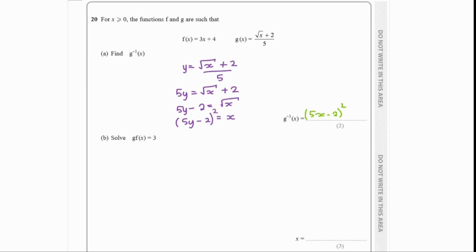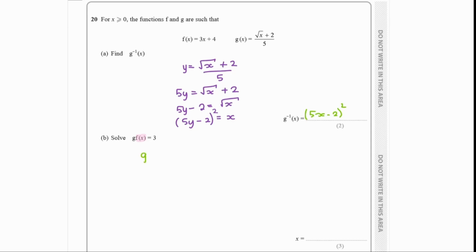Part B. Solve g of f of x is equal to 3. What this means is that we have to put f of x into the g function, and then equate all of this to 3. So we are first going to write the g function, and wherever we've got x, we are going to substitute that with the f function.